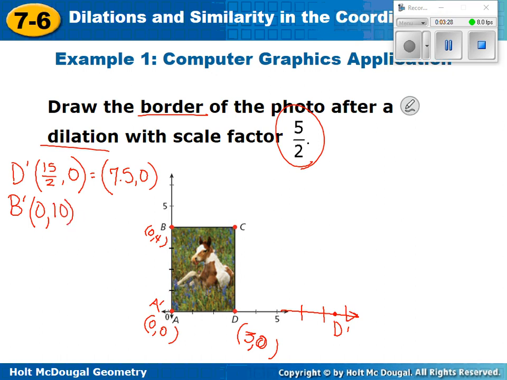Again, we don't really have room for 0, 10, so we're going to need to extend this line on up quite a ways. Got 5, 6, 7, 8, 9, 10. And so we've got a point way up here that we're going to call B prime. Obviously, we would do this on graph paper if this were our homework, and we would have more room to work it out. Okay, where's point C at right now?